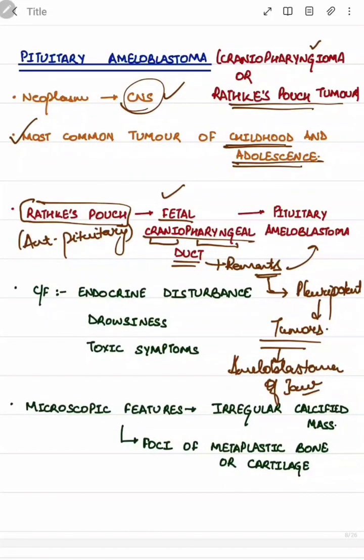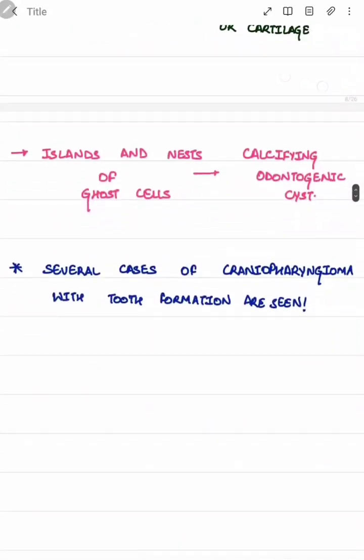Now, the clinical features, as it is affecting the pituitary gland, so endocrine disturbances can be seen, or drowsiness and toxic symptoms depending upon the location of the tumor can be seen. Now, the microscopic features, there is irregular calcified mass present in our brain only, right? And foci of metaplastic bone or cartilage are seen.